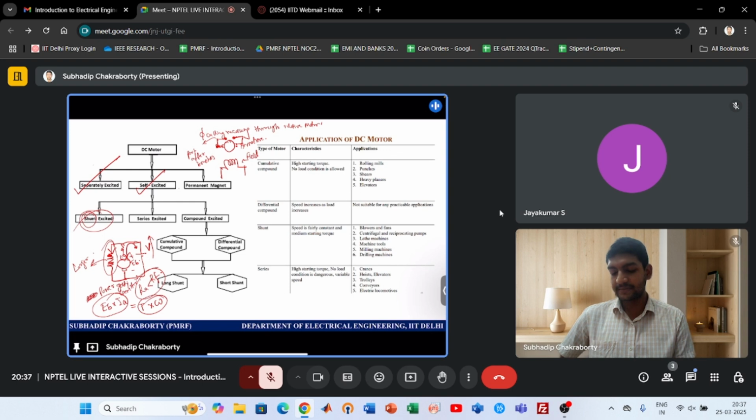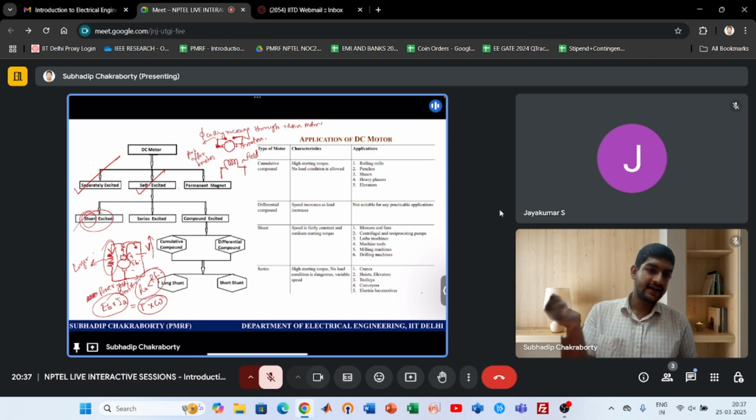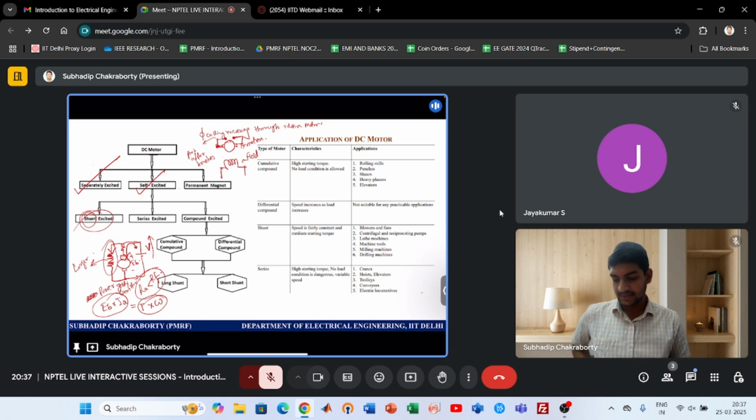The losses are the drops in the brushes and the conduction losses, that is the RA and RF. But after that, however much power is remaining is completely converted to mechanical, considering there are no mechanical losses. So EB into IA is electrical, and T into omega is mechanical.